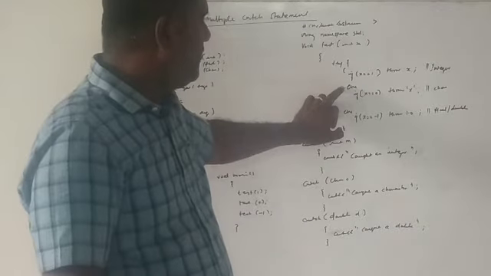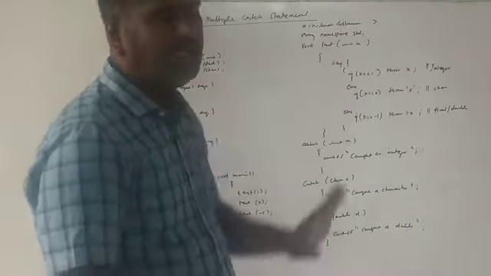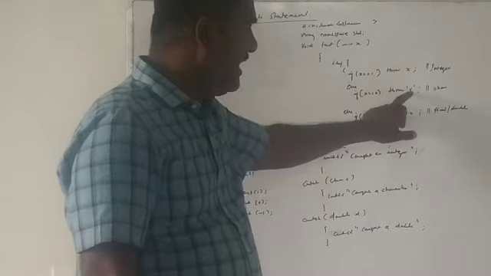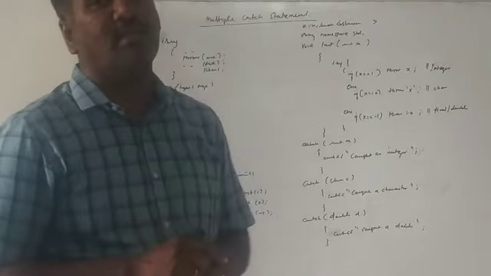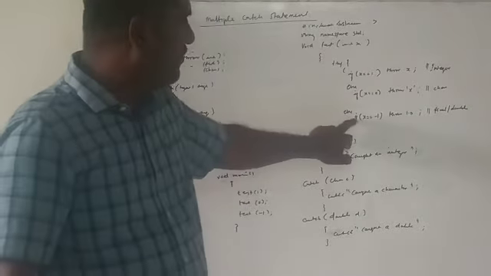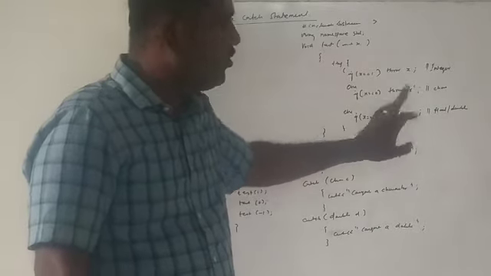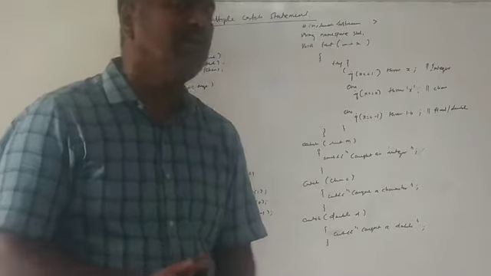Next, else if x equal to 0, the argument is 0, at that time throw x is a character, because of the single quotes, that means a character constant. Else if x value is -1, then throw the exception 1.0. 1.0 is a float or double.